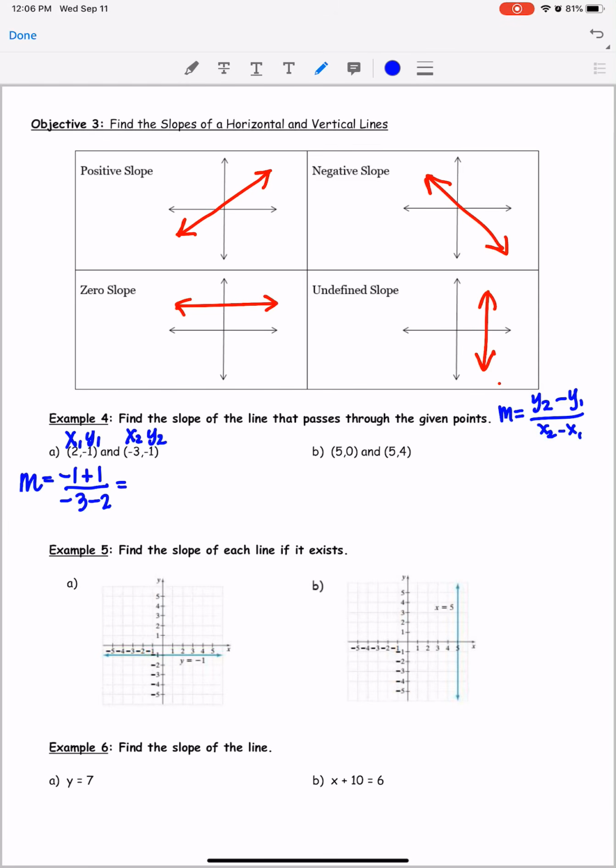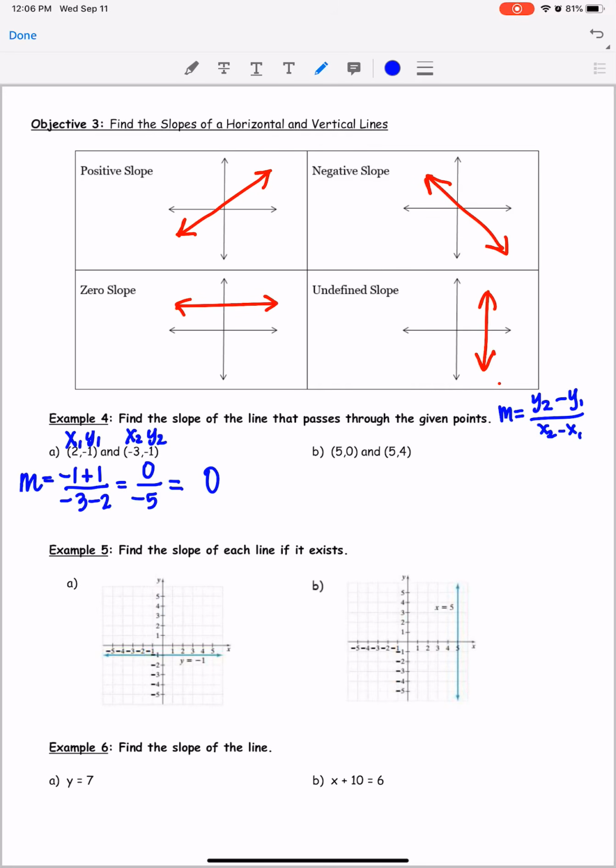So -1 plus 1 is 0. -3 minus 2 is -5. 0 divided by anything is 0. So that is this slope here. And if you were to plot these 2 points, right, (2, -1) is here, (-3, -1) is here. You connect that line, that's your horizontal line right there.